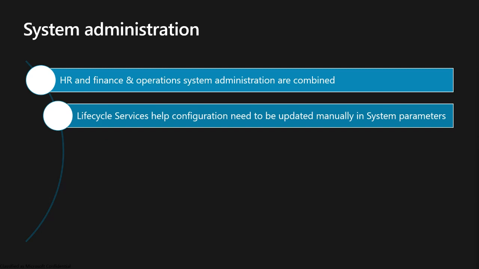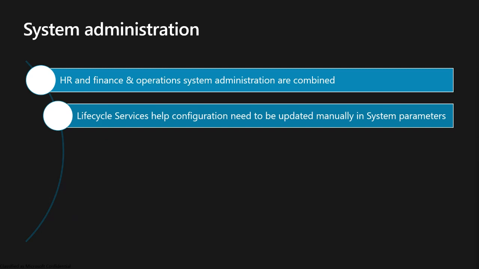But one thing that's important to note is that inside of the system administration module, inside of finance and operations, you will need to manually relink your help system to your new LCS project. So if you're migrating from standalone infrastructure to the new merged infrastructure, the database will still be pointing to your old LCS project, and you'll now need to point to the new LCS project.